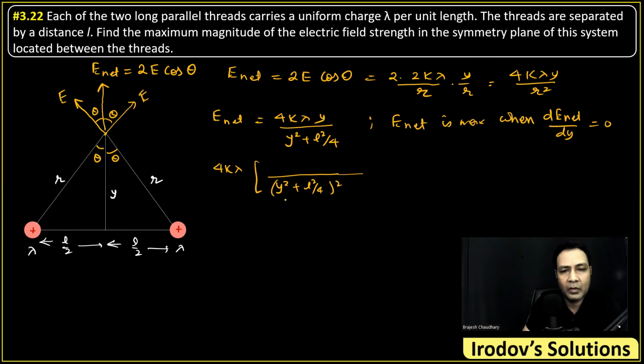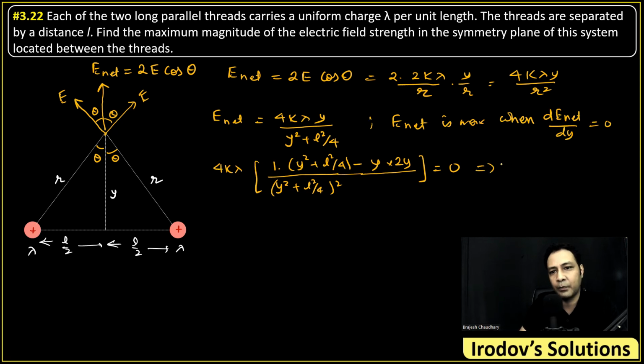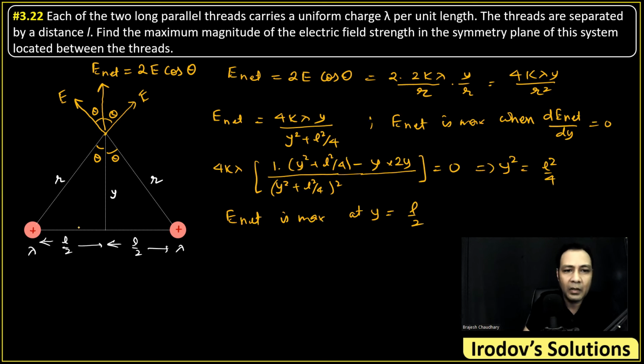Apply the quotient rule: the derivative of y is 1 times y square plus L square by 4, minus y times the derivative of the denominator, which is 2y. All this should be 0, so whatever is inside the bracket should be 0. This is y square minus 2y square, meaning y square should be L square by 4. So E net is maximum at y equal to L by 2, and in the other direction too, so y is equal to plus or minus L by 2.